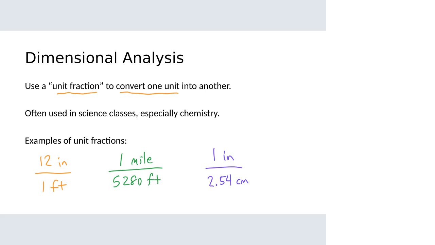So these are examples of unit fractions that we're going to use when we convert units. We're going to look at some examples, and I'm going to have you try it. This is a topic that sometimes gives students trouble, but we're going to practice it and work on it, and I'm confident you can master this. Let's take a look at one.